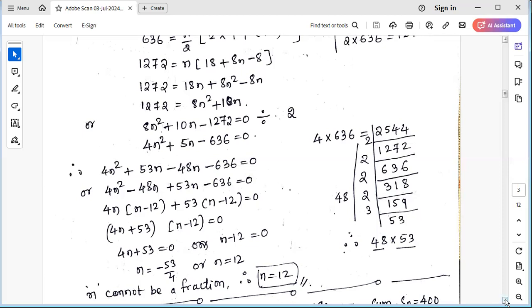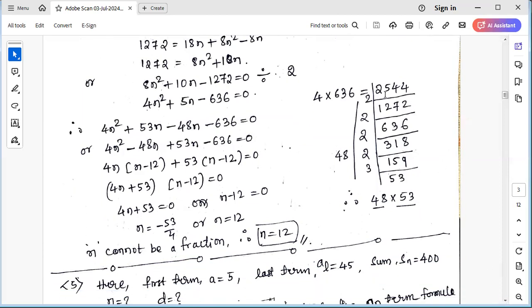So here I have shown how to determine the factors of a number. Here you go on dividing this number by 2, you will get 1272. Again you divide this 1272 by 2, you will get 636. Again you divide by 2, it gives 318. Again divide by 2, this gives 159.